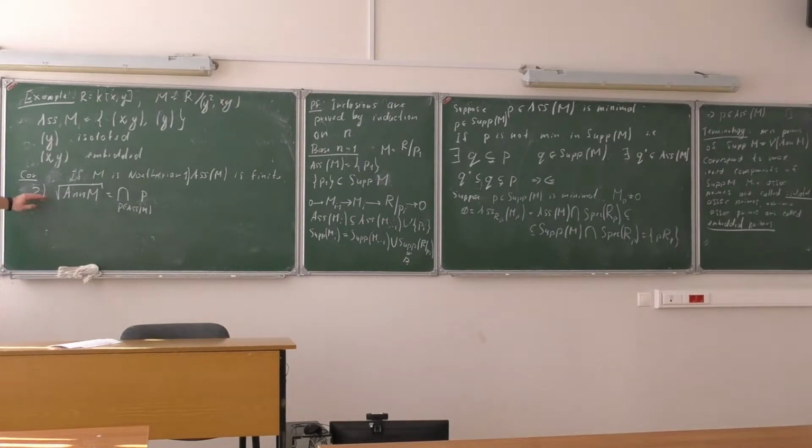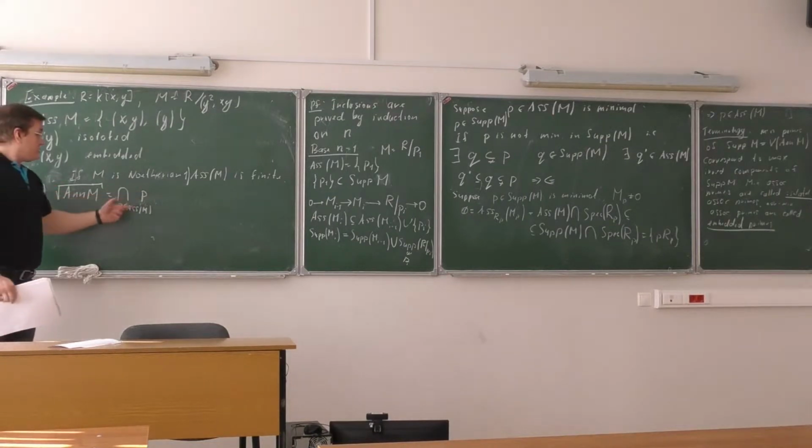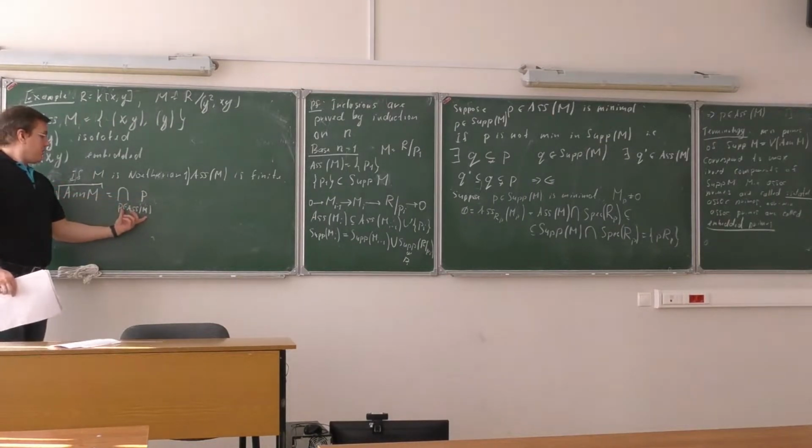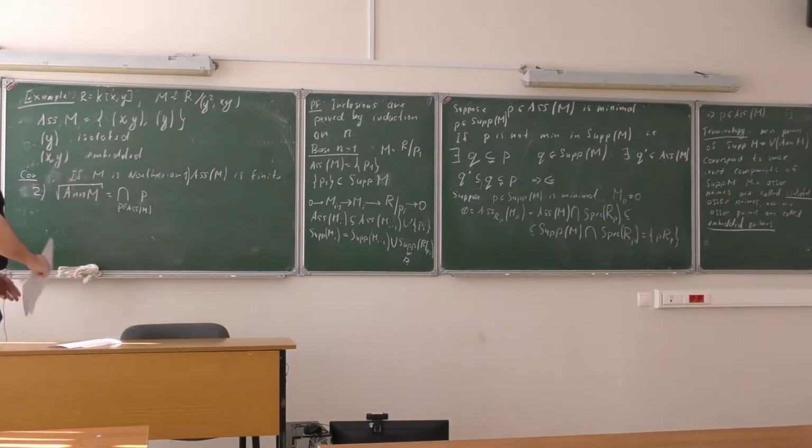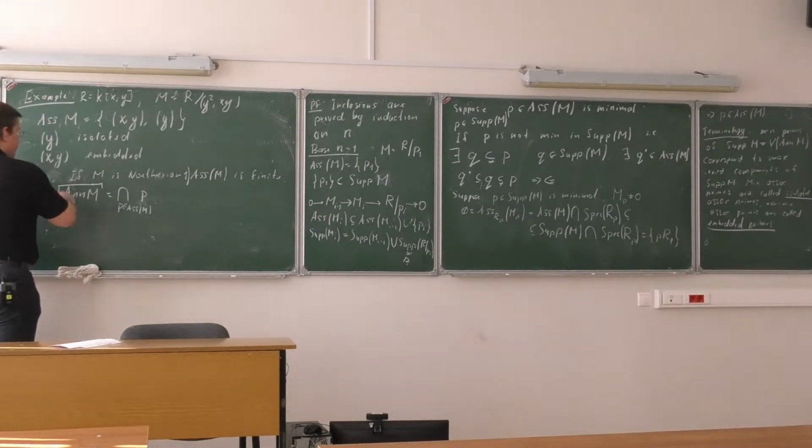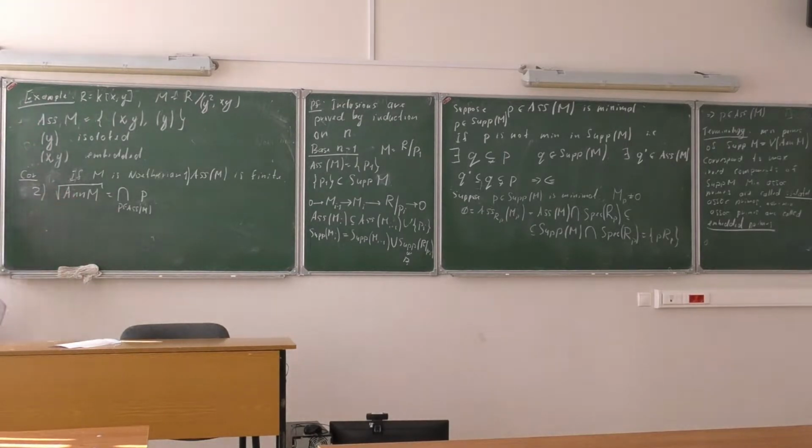Since we already know that if you want to compute the radical of the annihilator, it's enough to take intersection over all prime ideals which are in the support of M. But when you take intersection, it's enough to take only intersection of the minimal elements. And the minimal elements are the same in these two sets. So any radical of any annihilator of a Noetherian module is necessarily a finite intersection of prime ideals, a general property of M being Noetherian.